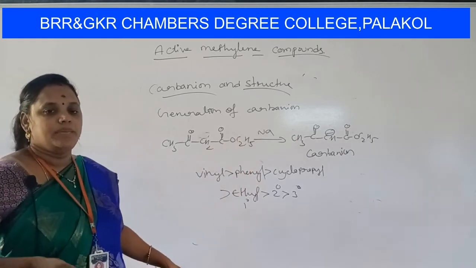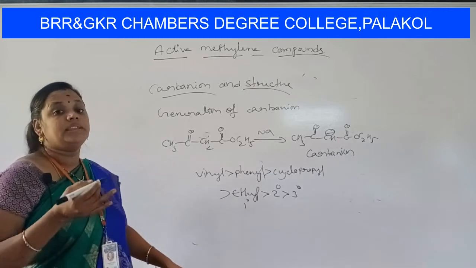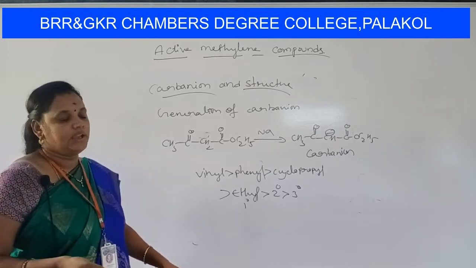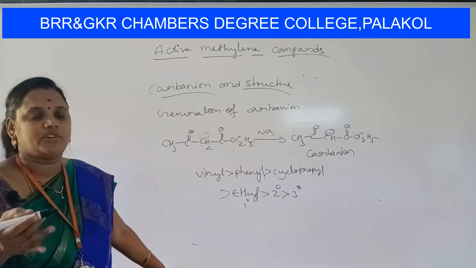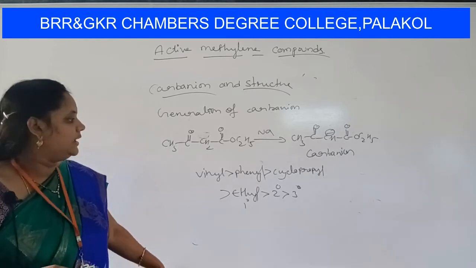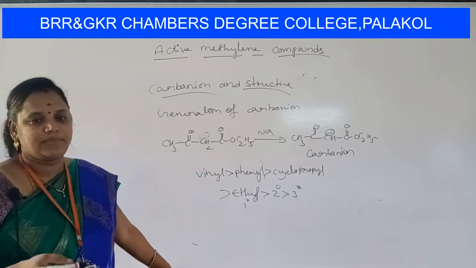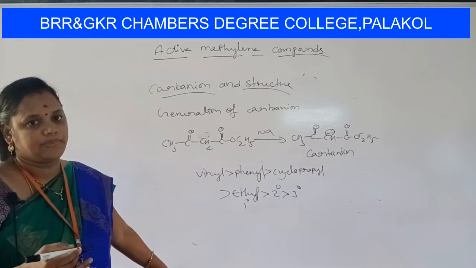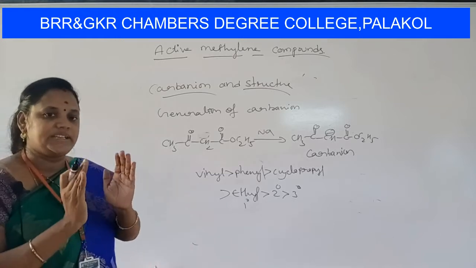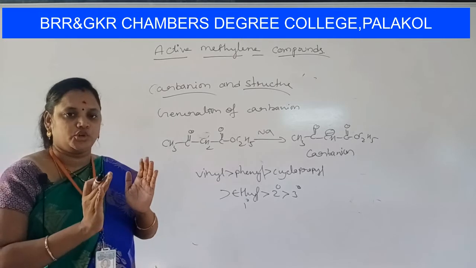Why is it so? Because in a tertiary carbanion, 3 electron releasing groups are present, so the electron density is again increased by the electron releasing groups. So we cannot easily ionize the carbon and H. We are decreasing electron density at the CH2 methylene group.